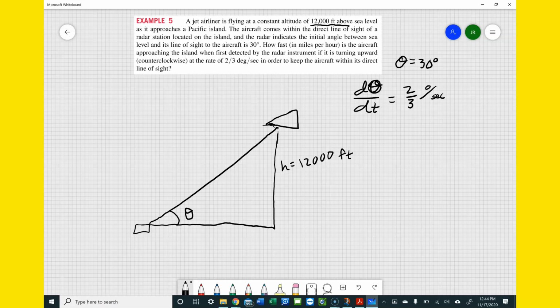I don't think there's anything else. I'm looking for how fast the plane is traveling. So that would correspond to this, right? Because that's what's shrinking as the plane is traveling horizontally. So I'm looking for the rate at which that is decreasing. Let me call this, I'll call it X. Sure.